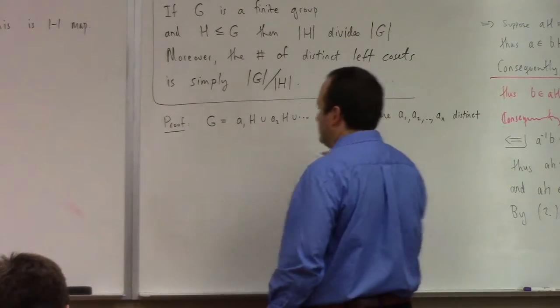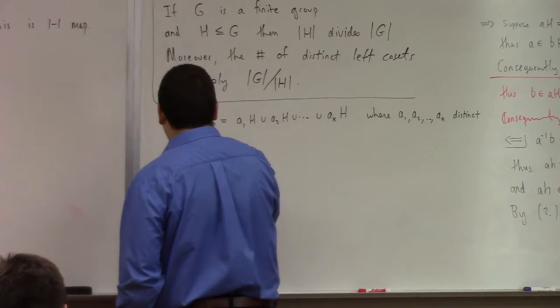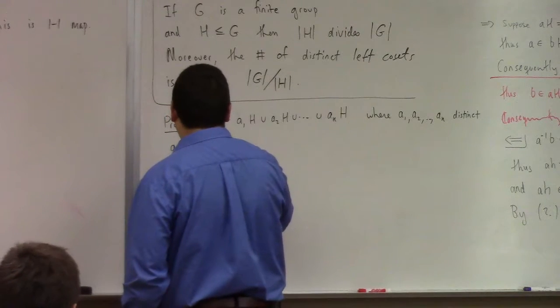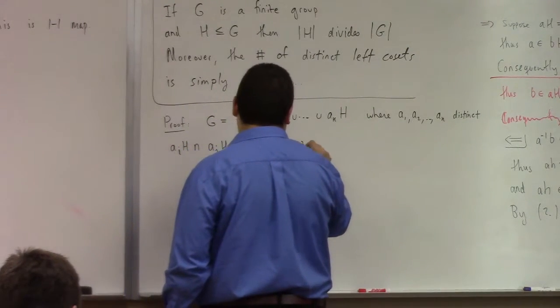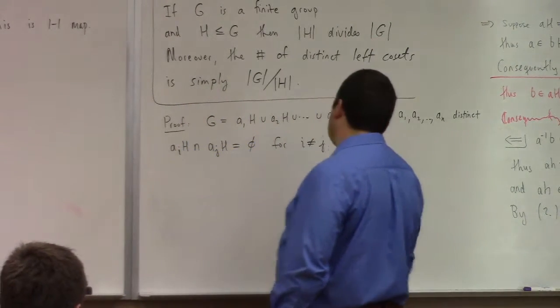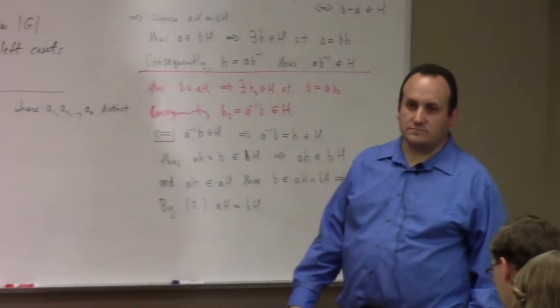More to the point, AIH intersect AJH is equal to the empty set for I not equal to J. Why can I do that? How do I know that?